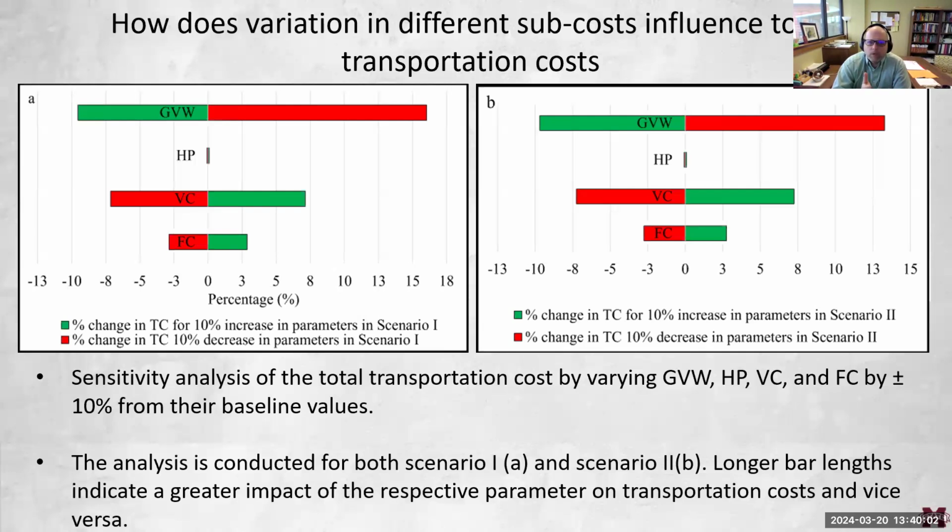What do we see in terms of the variation in those overall costs if we change the component parts by 10%? And maybe not surprisingly to some listening, but a surprise to me, because it's the first study I've done in this area, gross vehicle weight is by far and away the most important component.